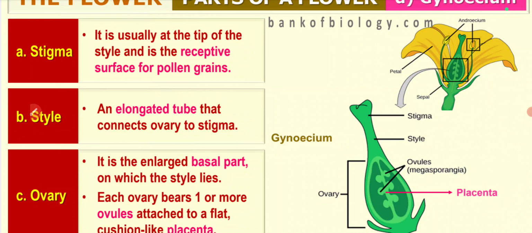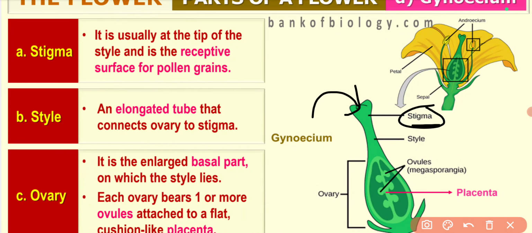It receives the pollen grain from male flowers of the same plant or same flower. The same species of pollen grain comes to the stigma and attaches to it.